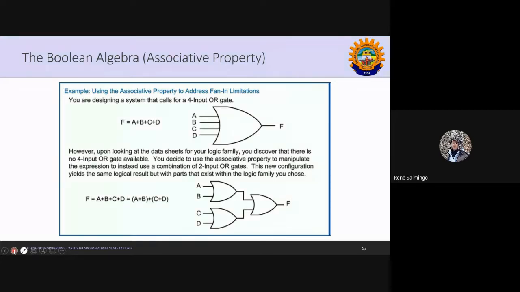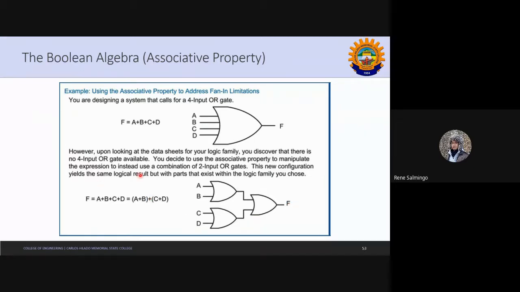F, your output, is equal to A or B or C or D. You have these two as your first two inputs, and the second to the last is C or D, and A or B, and after this you will have another OR gate. It's going to be still the same.